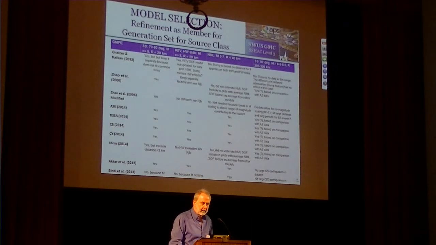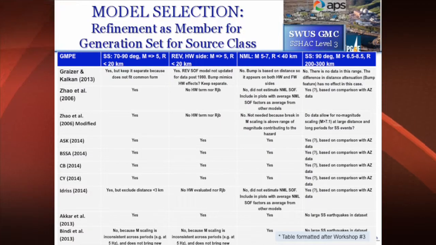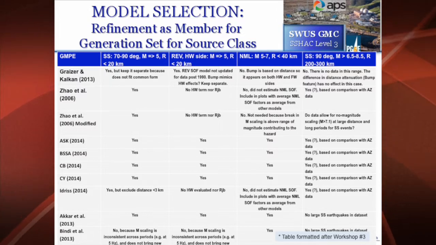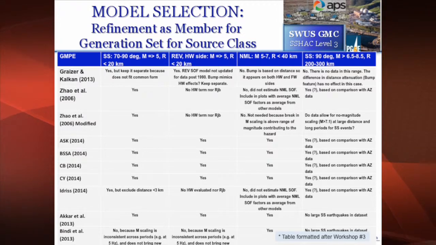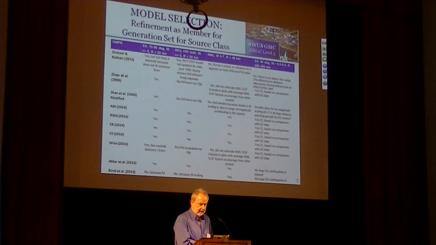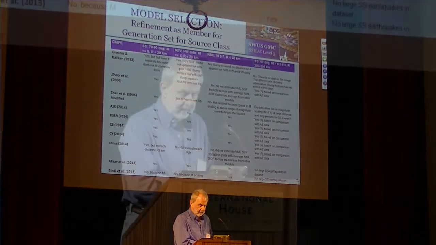These are a list evaluation of the set of candidate models that we consider at this point appropriate for use in evaluating the different source categories. And if we're looking at the particular cases for Palo Verde, for normal faulting, it's primarily the NGA West 2 models plus the European models that specifically had a lot of information on normal faulting, the Akkar et al. and Bindi et al. models.